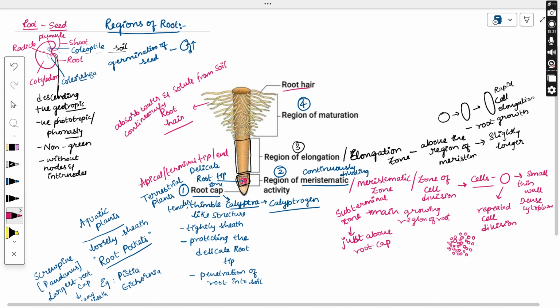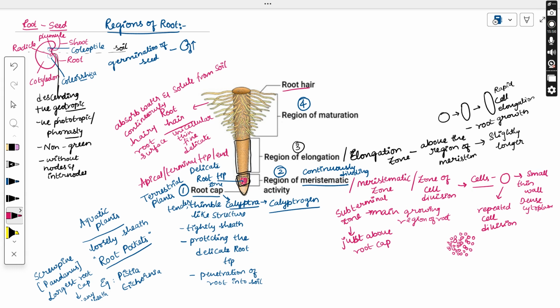These are hairy type of structures present on the root surface, and they are very thin and fine hair-like structures. They are delicate, and most of the root hairs are unicellular in nature. So that's the function of the root hair, which you can find in the region of maturation.